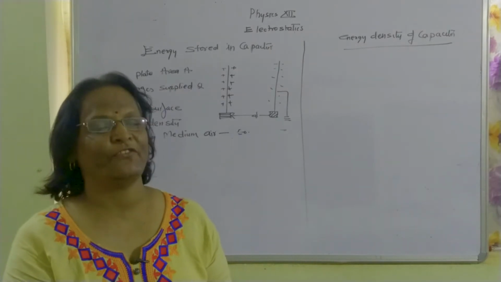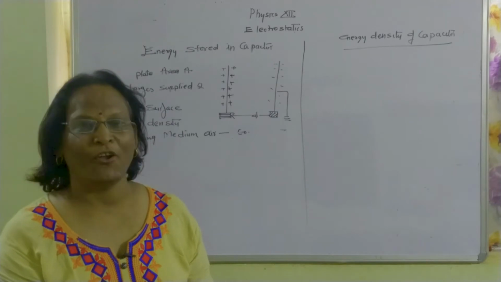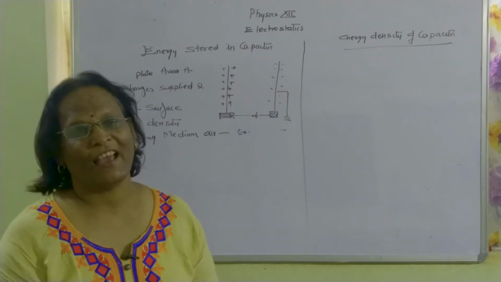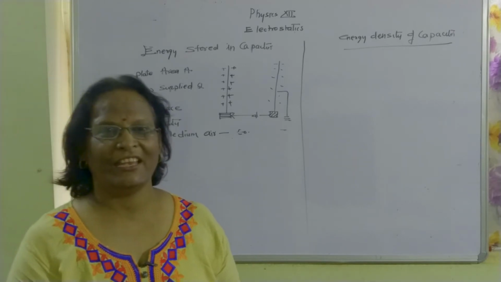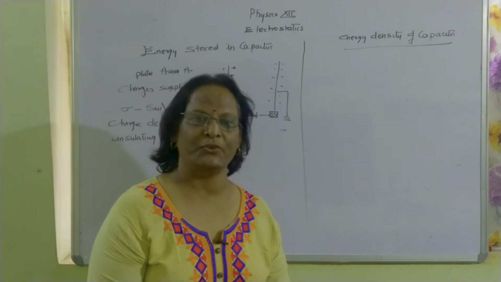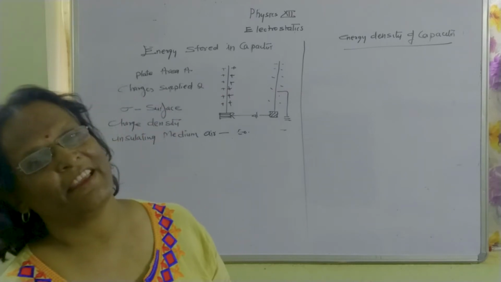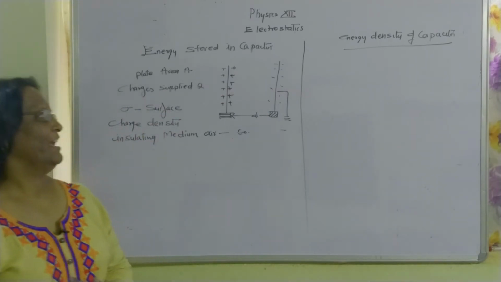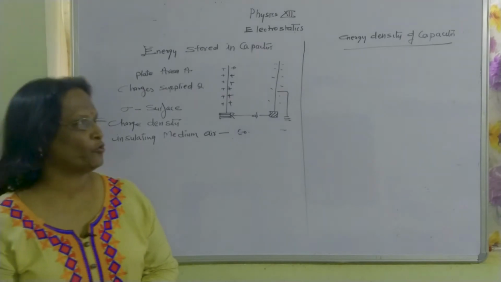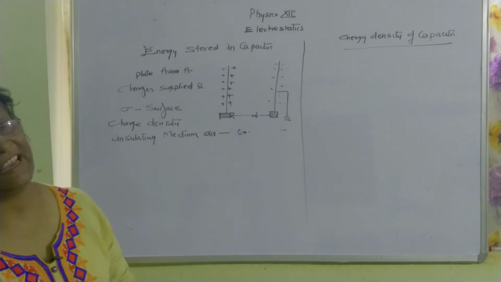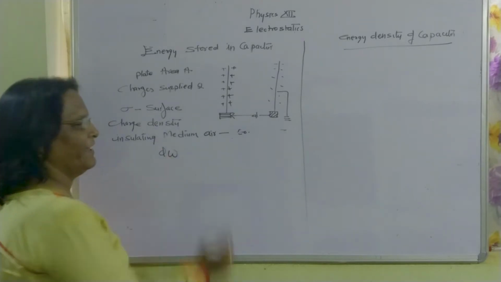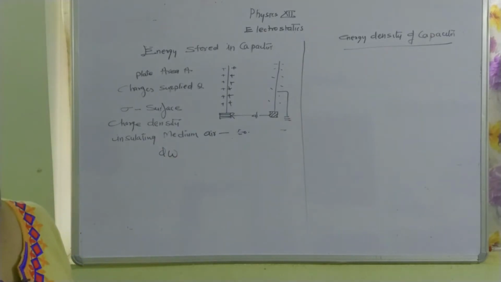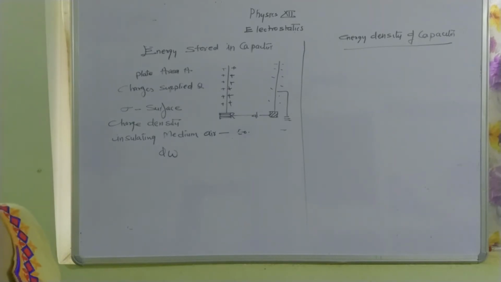The work which we have done cannot be destroyed, as it has no source for creation or destruction. It will have to be transferred into energy as per the work energy principle, so we have to find out the work done in supplying charges to the plate of the capacitor.